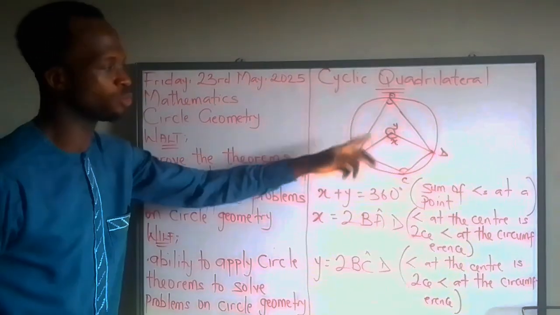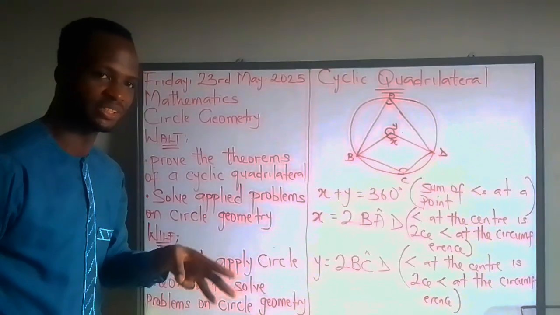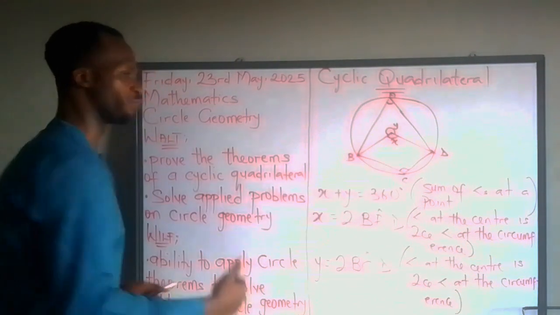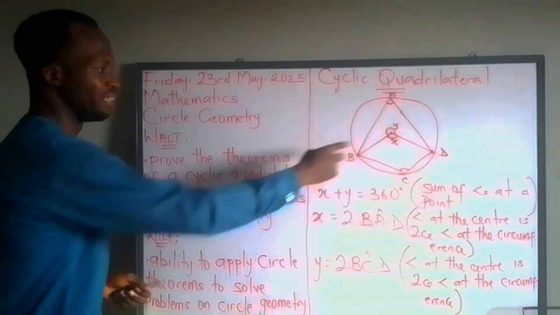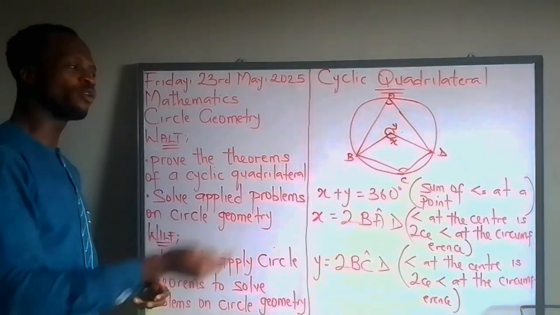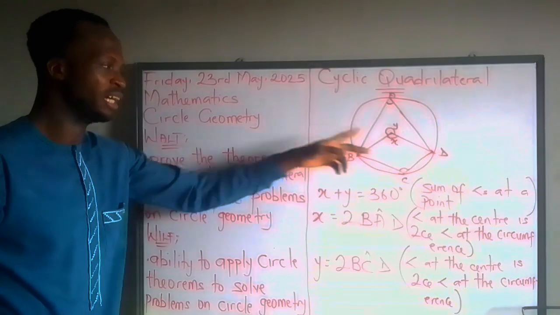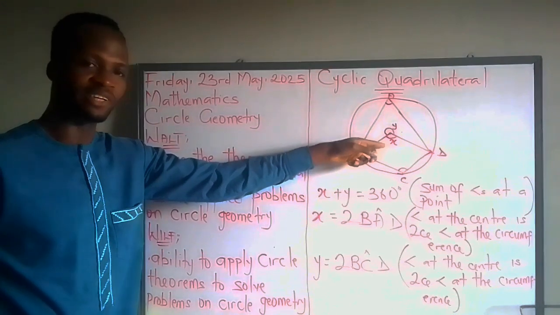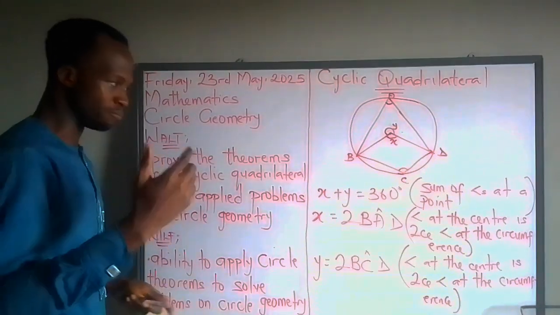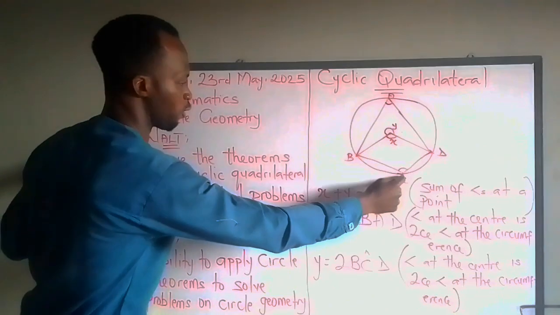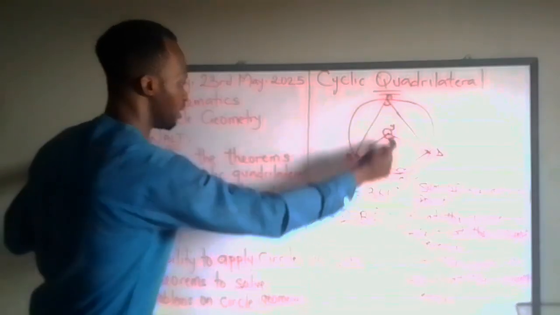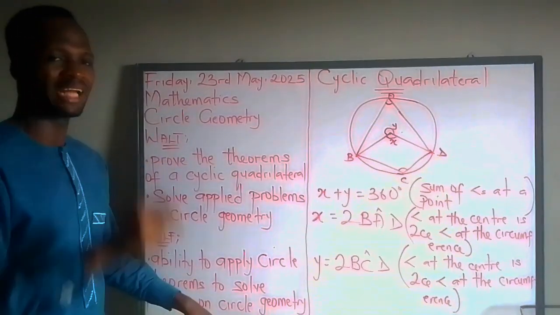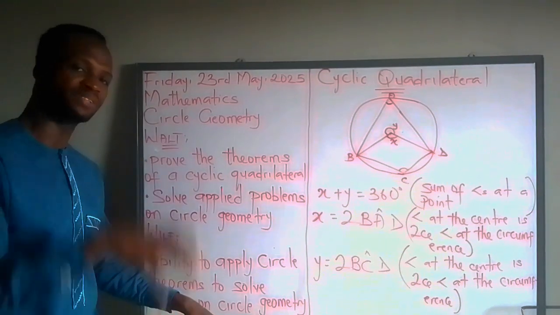So if the angles at the center is 360 degrees, it suffices to say that the angle at the circumference will be half of the angle at the center, because angle at the center is 2 times the angle at the circumference. So the two angles, these opposite angles, will be 180 degrees, which is half of 360 degrees.